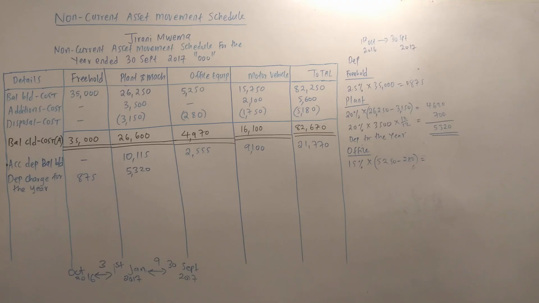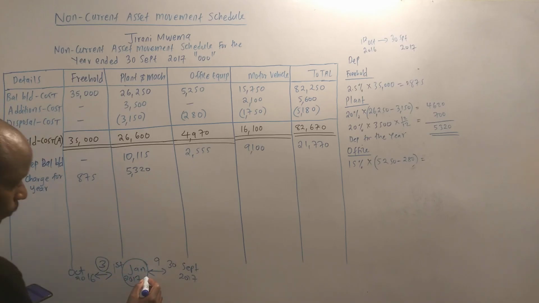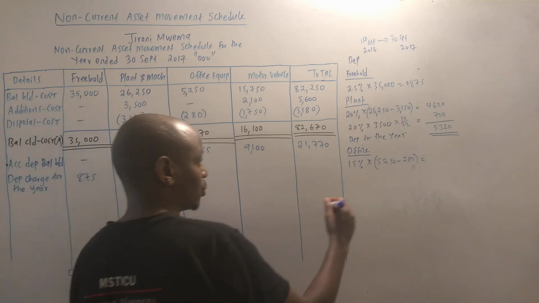It was used for only 3 months, then they sold it on 1st October. So there is some depreciation in here that we need to consider. So let's consider that depreciation.